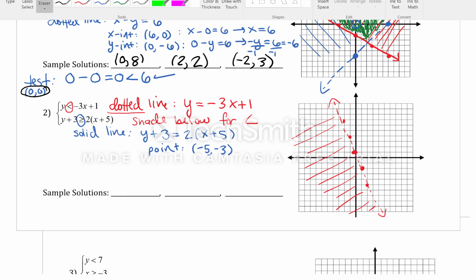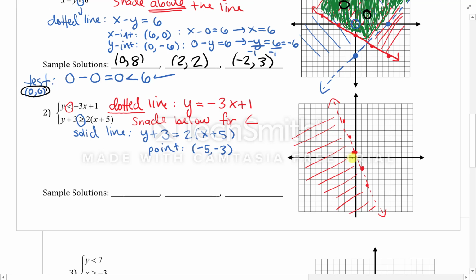Okay. So I'm going to do negative 5 for x, 1, 2, 3, 4, 5, negative 3 for y, 1, 2, 3. So start there, and then I can see that my slope from there is 2. So I go up 2 over 1, up 2 over 1 from that point. Okay, and I'll make this one a solid line.